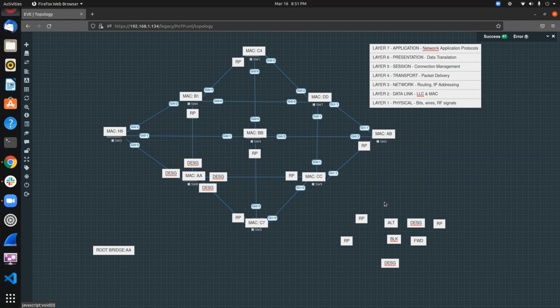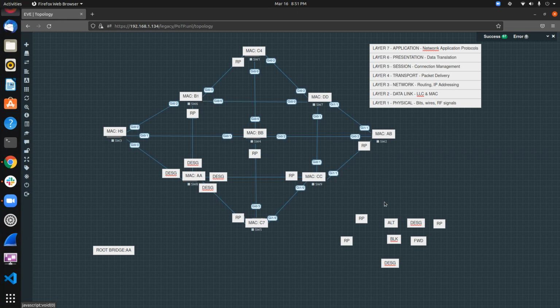That's the connecting switch between the root bridge and switch 7, versus the MAC address of switch 9, which has a higher bridge ID.